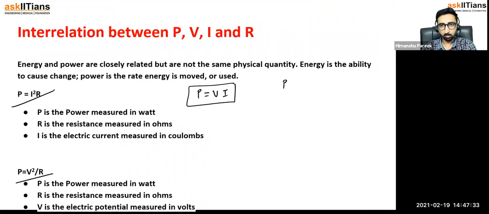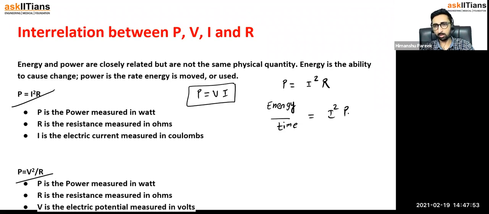Power is equal to I square R. Any formula you can use: VI, V square by R, I square R. If that is the formula for power, what is power? Power is basically energy supplied per unit time. Now where is this energy being used? It is being used along the resistor.